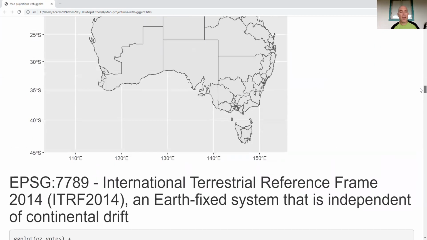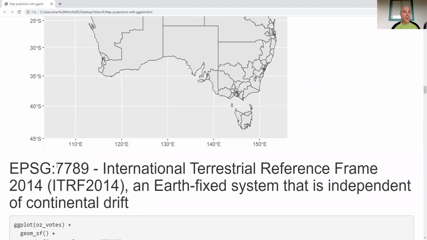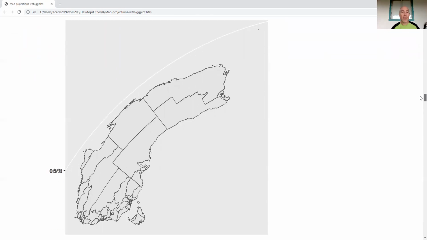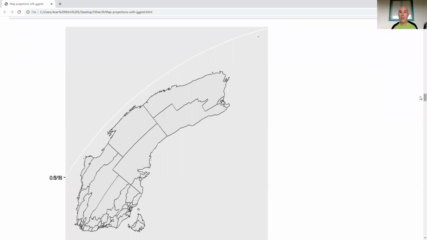All right, now let's look at another one. This one, 7789, is the International Terrestrial Reference Frame, established in 2014. It's an Earth-fixed system that is independent of continental drift. Okay, so this one, let's see what happens. Look at that. Mathematically, all the information from the data set is there.